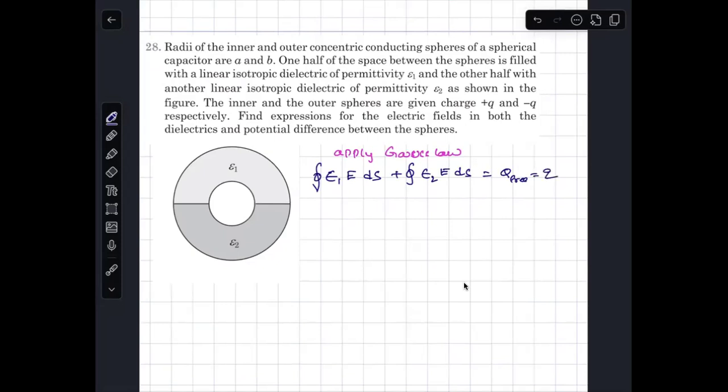I have used two different Qs. Don't forget. When Q bound comes, the polarization vector comes into the picture. When Q free comes in Gauss law, KE comes into the picture.